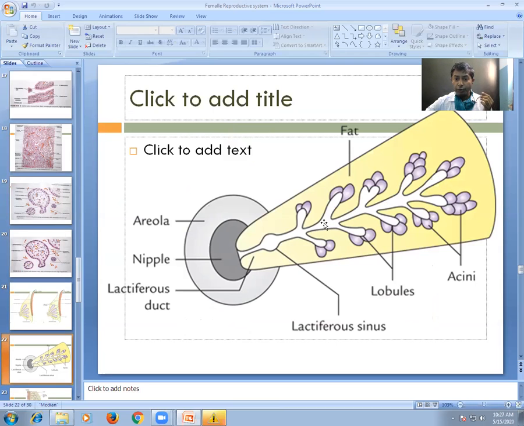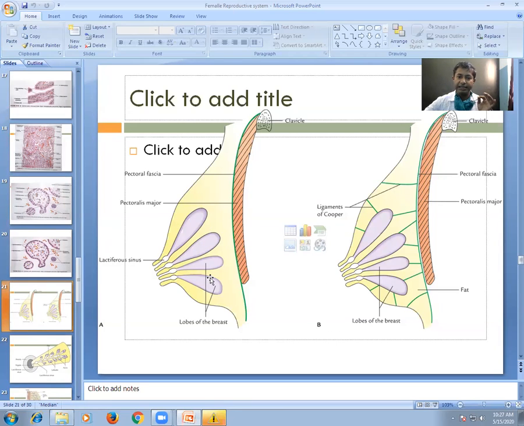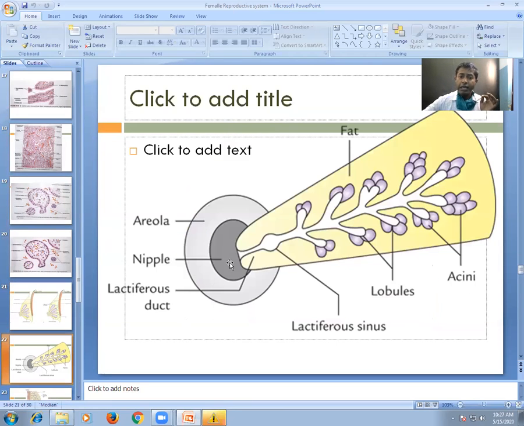Each lobe... such 15 to 20 lobes are present in each mammary gland. This is the lactiferous duct which is opening into the nipple.